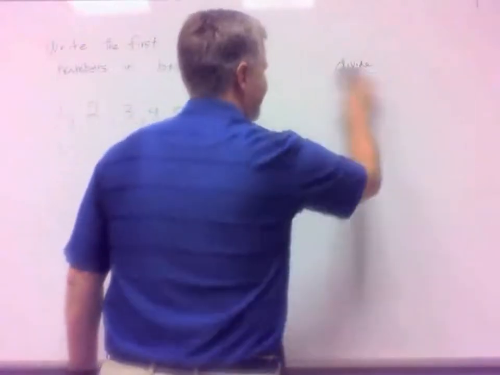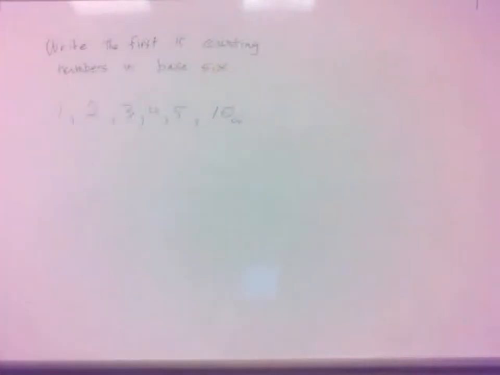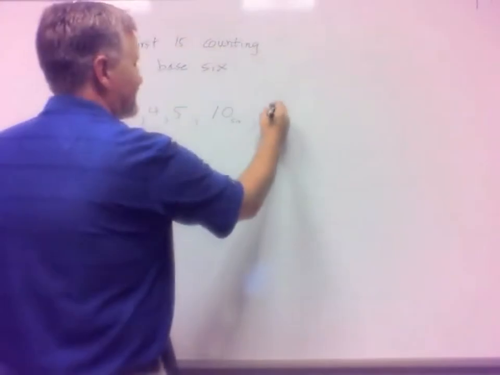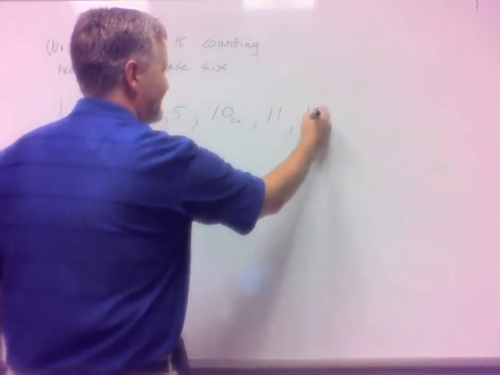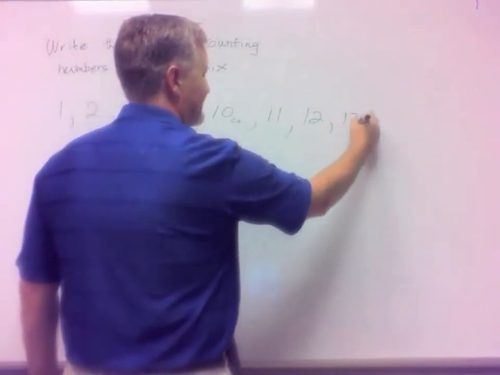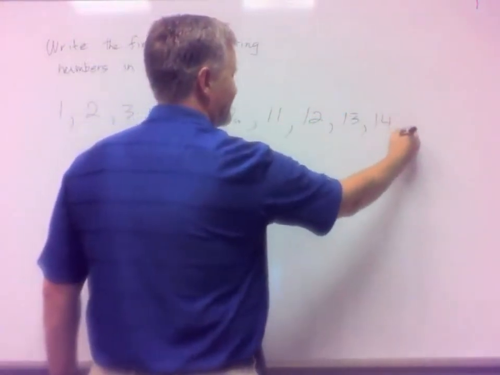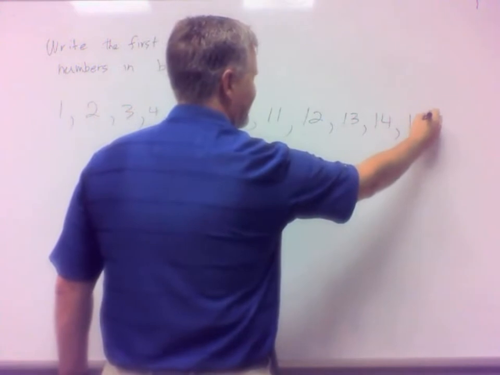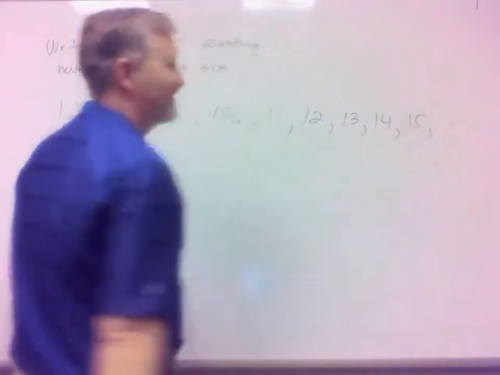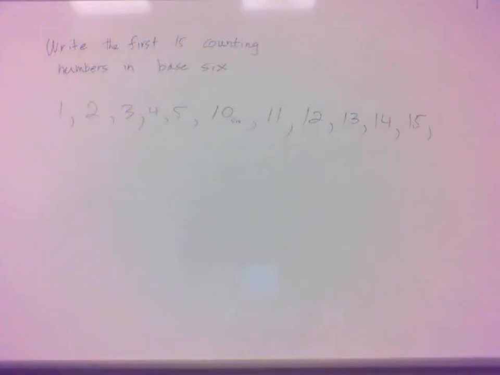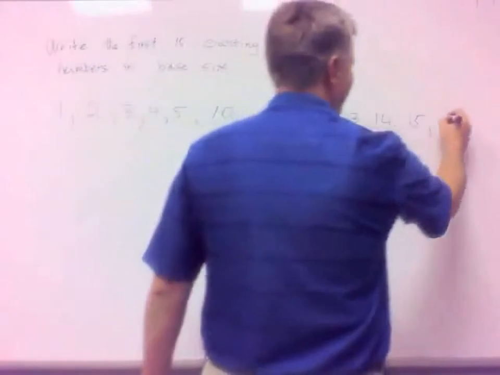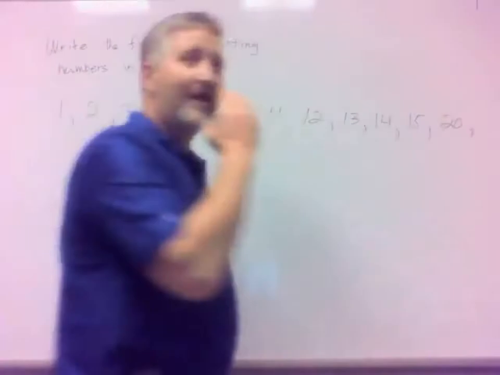Yes. All right, now. So I wanted 15. We've only got 6 right now. So where do we go next? 11, 12, 13, 14. Aha. We've run out of numbers there, haven't we? You go to 20. Okay, 2, 0. Everybody okay with that?